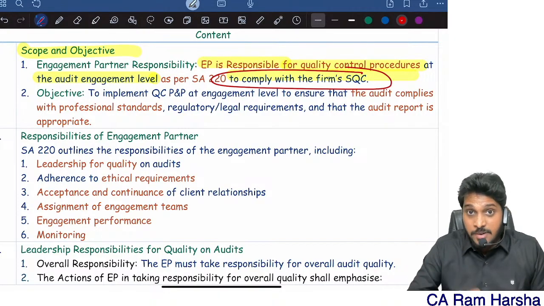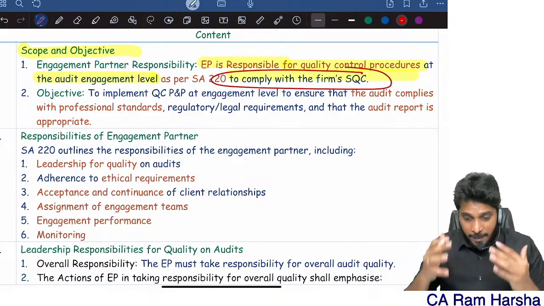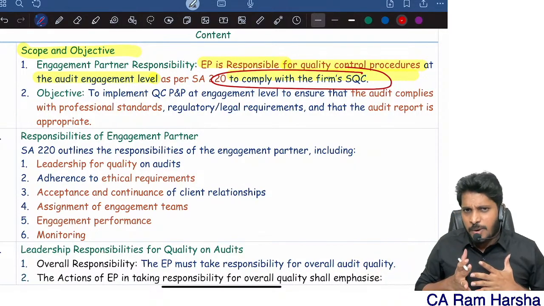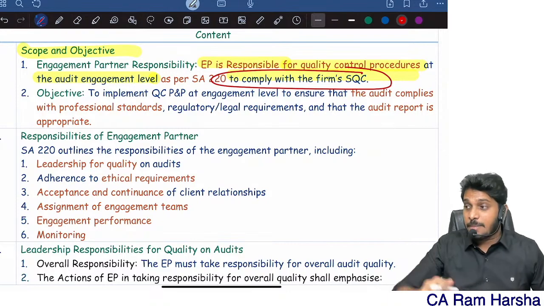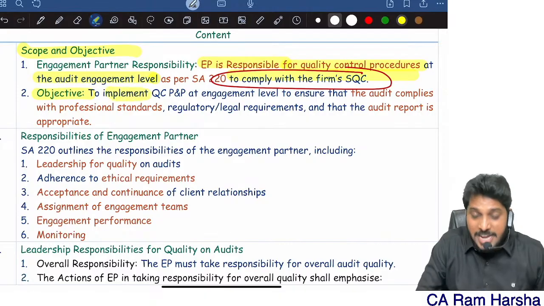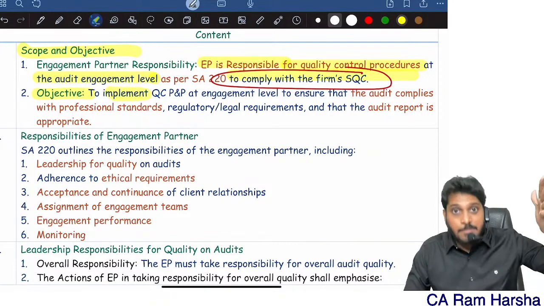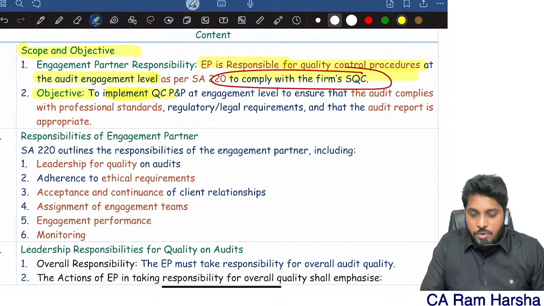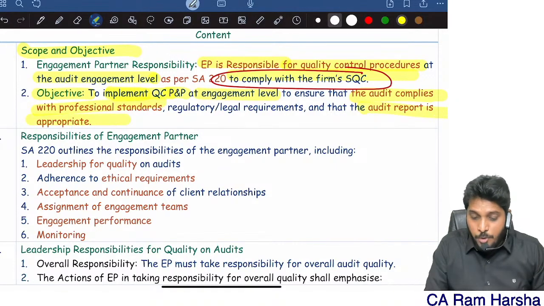So the partner has to ensure that whatever audit work he is taking responsibility for is complied with as per SQC. So what is the objective of SA 220? SQC objective: establish. SA 220 objective: implementation. Implement quality control policies at engagement level to ensure that the audit complies with standards and the audit report is appropriate.